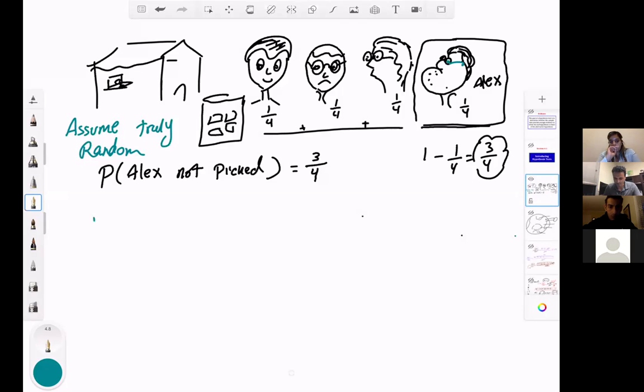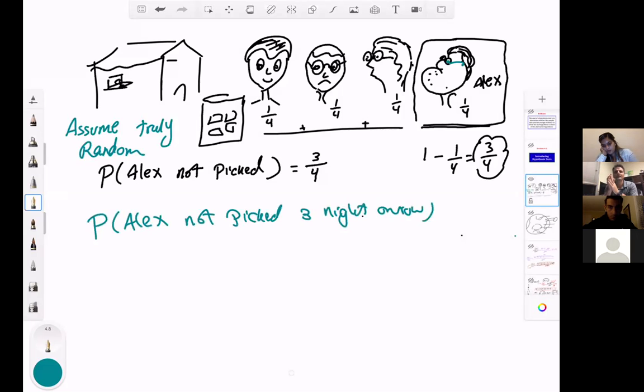Let's find the probability. The probability that Alex is not picked 3 nights in a row. I mean, the 3 nights he didn't get picked. What's the probability of that? If he didn't get picked on the first night, it is 3/4. So we have 3/4. The second night he didn't get picked, you're going to multiply by another 3/4.